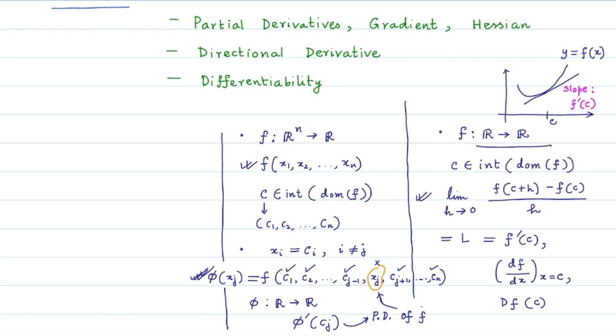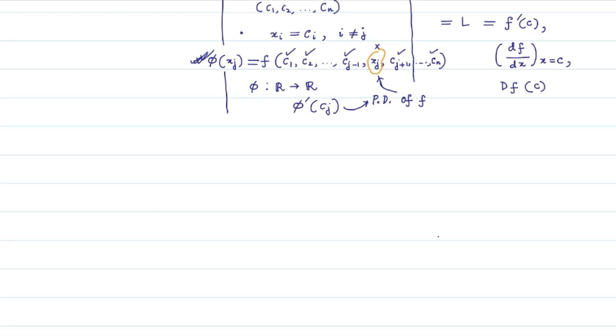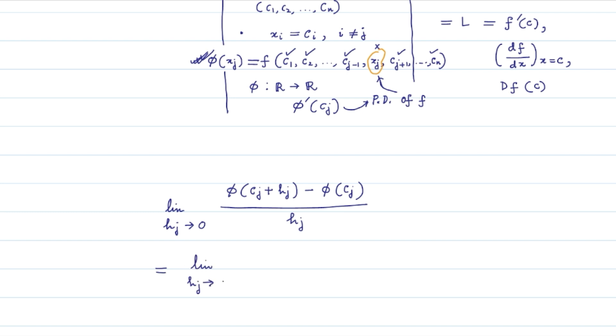Now we see that this derivative value of phi at cj is given by the limit as hj tends to 0 of (phi(cj + hj) - phi(cj))/hj, which in terms of the function f is the limit as hj tends to 0 of (f(c1, c2, ..., cj-1, cj + hj, cj+1, ..., cn) - f(c))/hj.